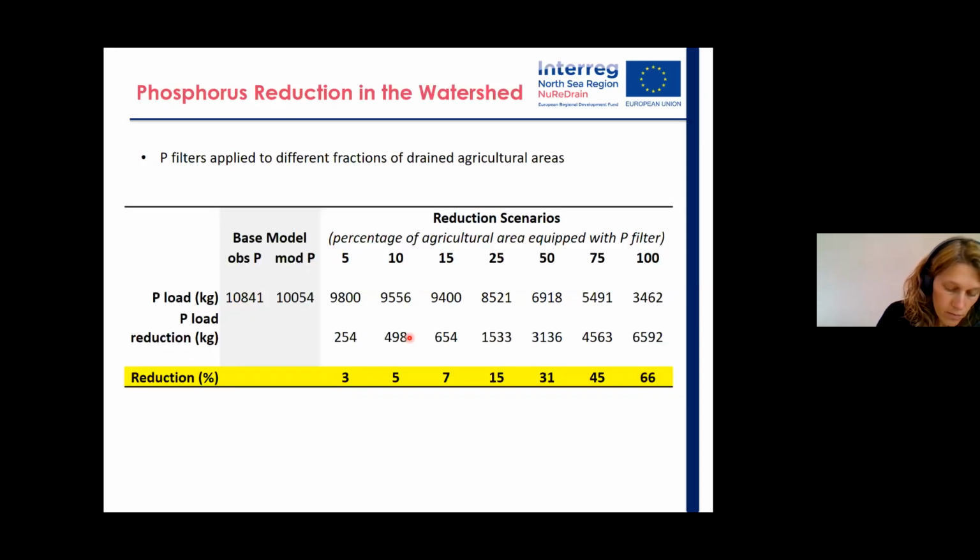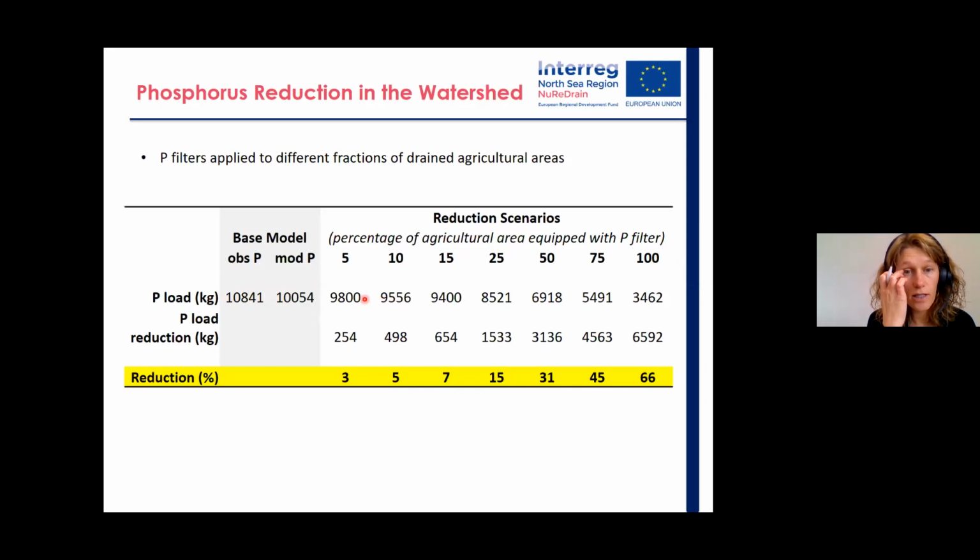So what happened when we applied these scenarios to the model output? As you can see here, we have the modeling scenarios from 5 to 100%. And here we have the modeled P load. This is our base model, the observed P load of 10,000 kilograms, and the modeled base scenario, and now the reduction scenarios.